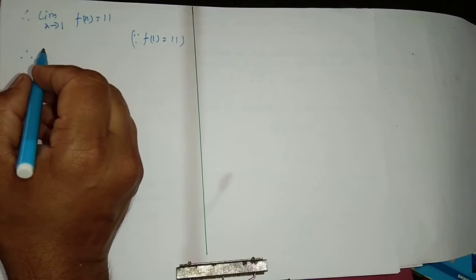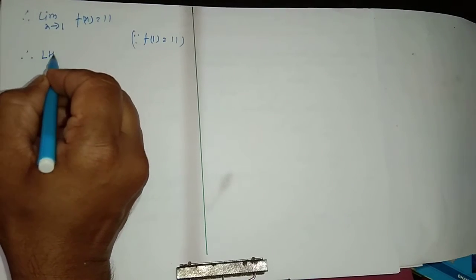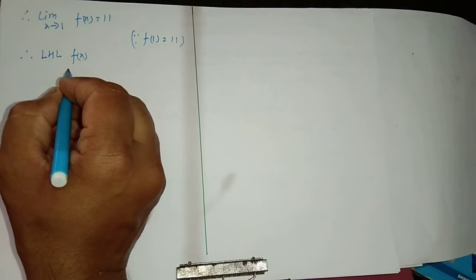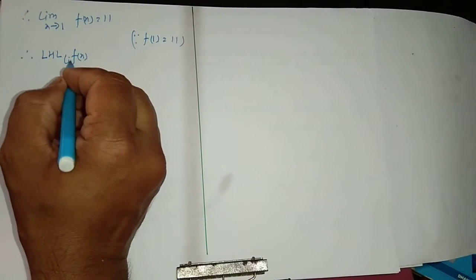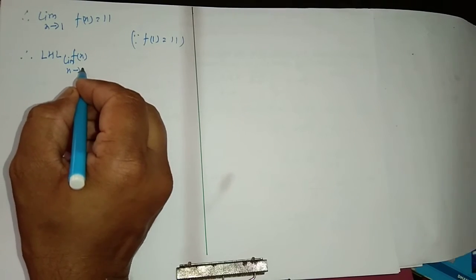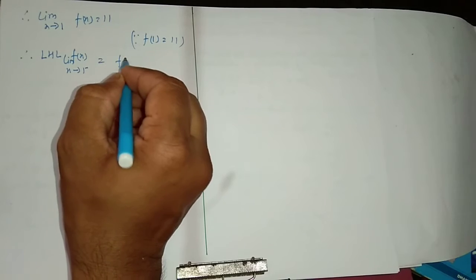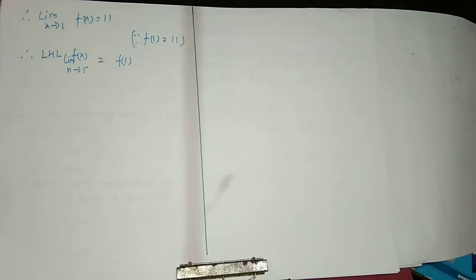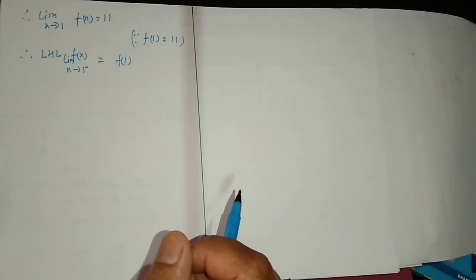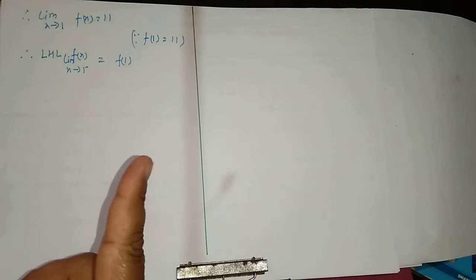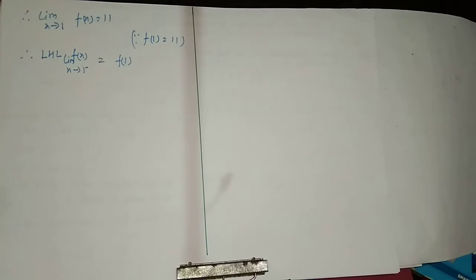So LHL, left hand limit, limit x tends to 1 negative f(x) is equal to f(1). Okay, one more important thing: if the function is continuous, its left hand limit is equal to the value of the function, and its right hand limit is equal to the value of the function. Clear?